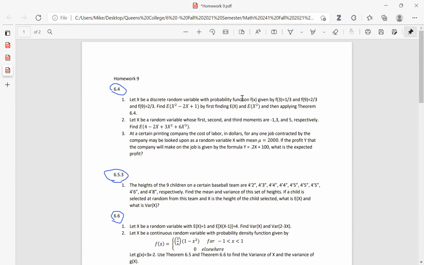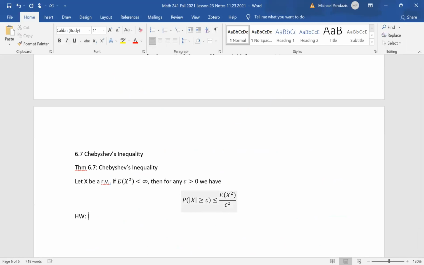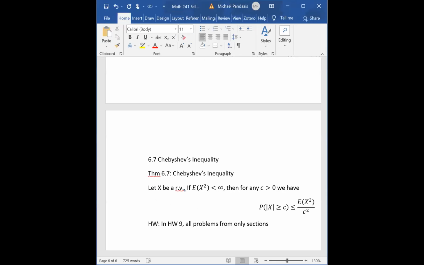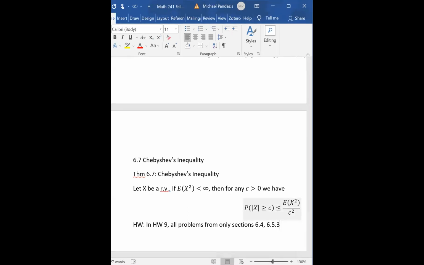So in homework 9, what I want you to do is all problems from only sections 6.4, 6.5.3, and 6.6. Okay, so all the problems in those 3 sections.